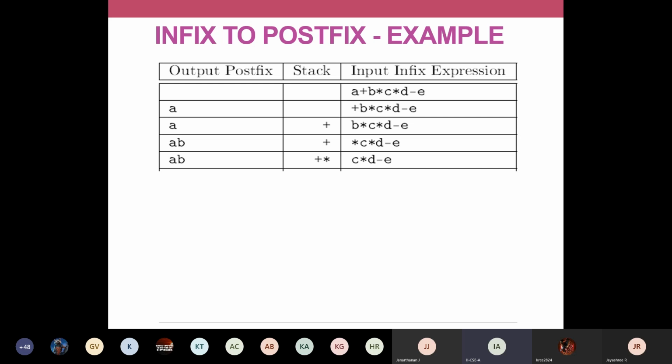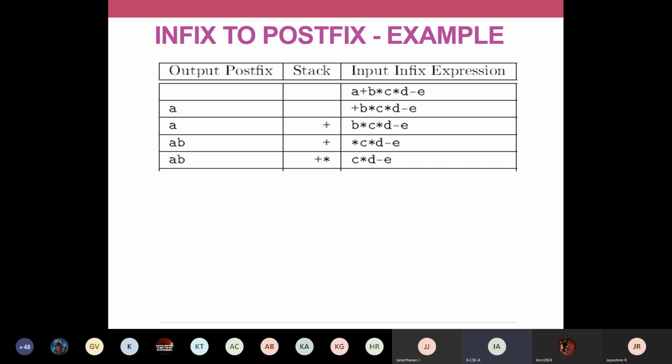This will come in a while loop. Right now I have given an if statement. This will come in a while loop if you have more operators. If you have more high precedence operators in your stack, you will repeatedly pop stack content and place it in your postfix output notation. So that is the if statement. Now in your example you have the else condition, is it not?